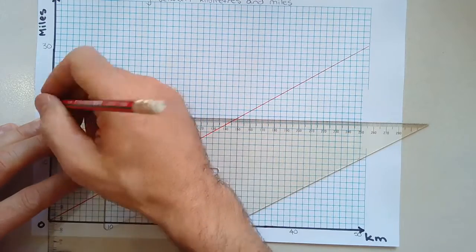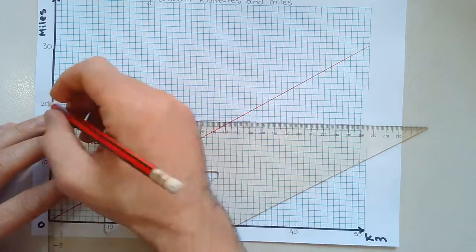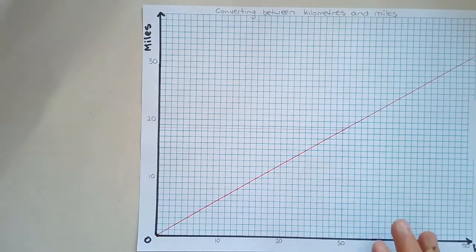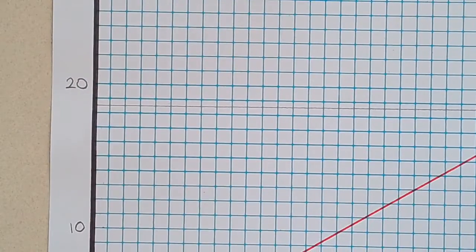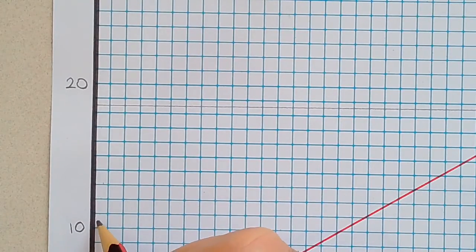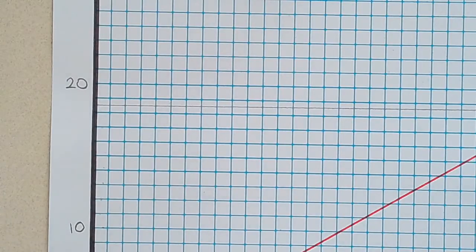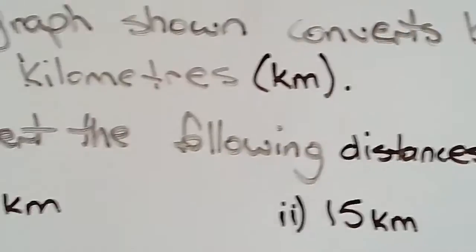Okay, I'll just zoom in on that. That's probably closest to 11, 12, 13, 14, 15, 16, 17, 18. It's around 18.5, isn't it? Or thereabouts.